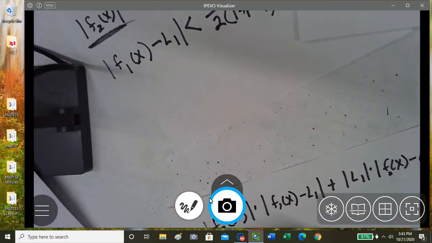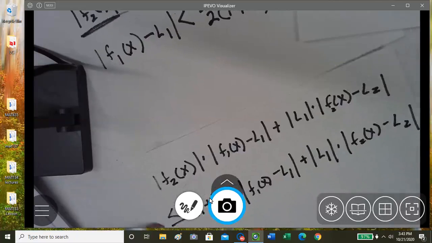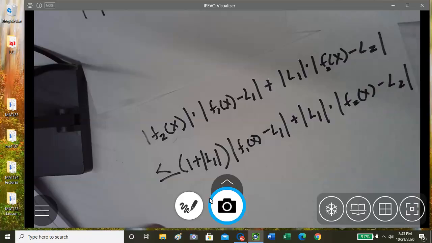So this is going to be 1 plus the absolute value of L1, times absolute value of f1 x minus L1, plus absolute value of L1 times absolute value of f2 x minus L2.